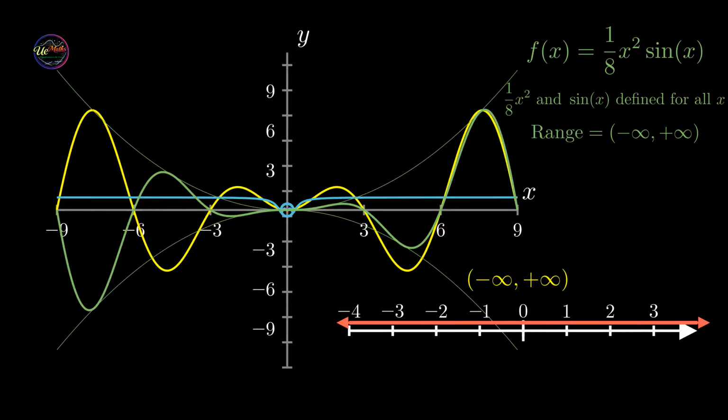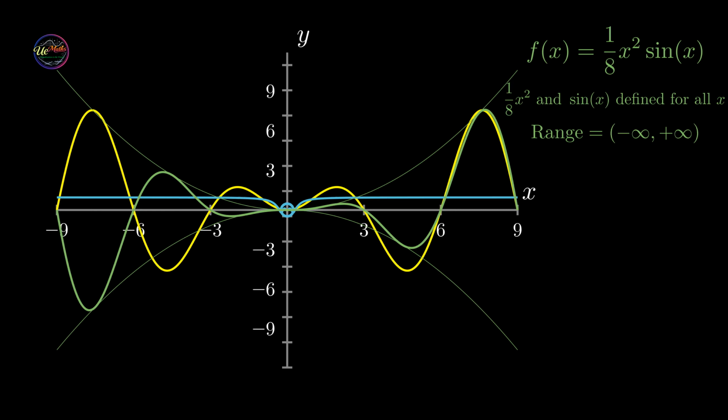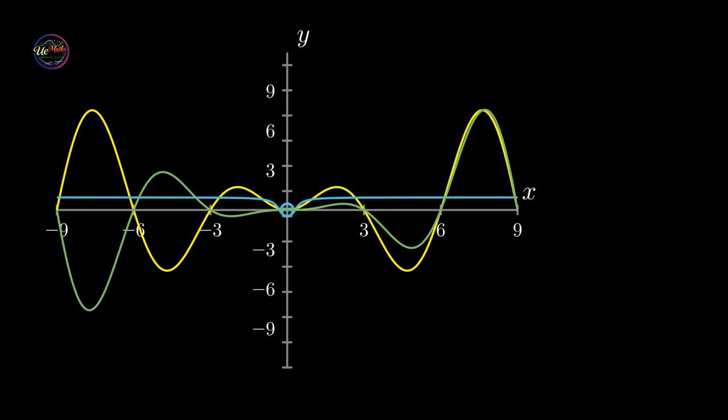The graph oscillates between the parabolas y equals 1 over 8 times x squared and y equals minus 1 over 8 times x squared. As x grows, the amplitude grows without bound in both directions. The function takes all real values. Therefore, the range is all real numbers.